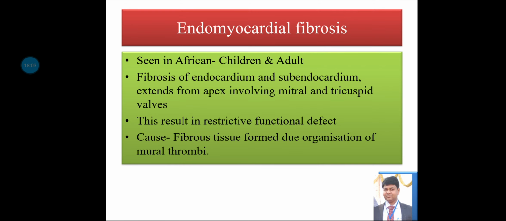There is a special condition in which there is restriction of the function of the ventricles. This condition is called endomyocardial fibrosis, and this typical condition is seen in Africans, especially in children and adults. In this condition there is extensive fibrosis in the endocardium as well as the subendocardium, and this fibrosis may extend from the apex to the mitral and tricuspid valves.